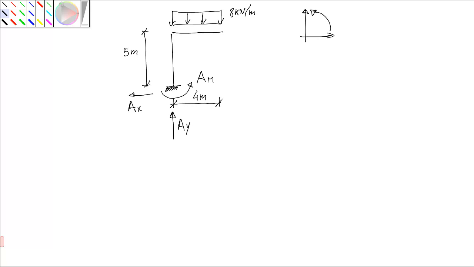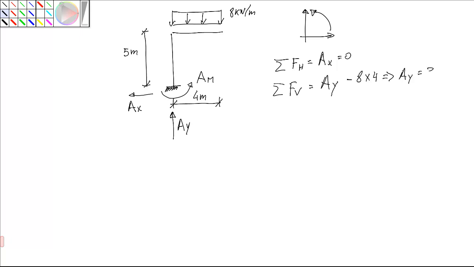This is a fully clamped or fixed support, so it does have all three reactions: a vertical, a horizontal, and a moment. Using the usual convention, we get sum of horizontal forces.